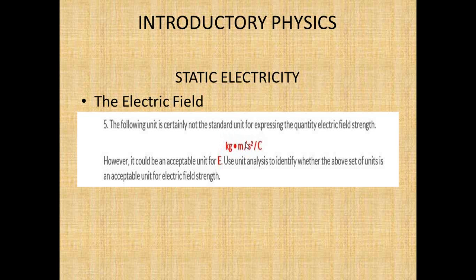Mass times acceleration is the force, and it's newtons. So this is the force, and then divided by coulombs. So this is actually another way to write electric field strength: force divided by charge. Force, as Newton's second law states, is equal to mass in kilograms times acceleration in meters per second squared.